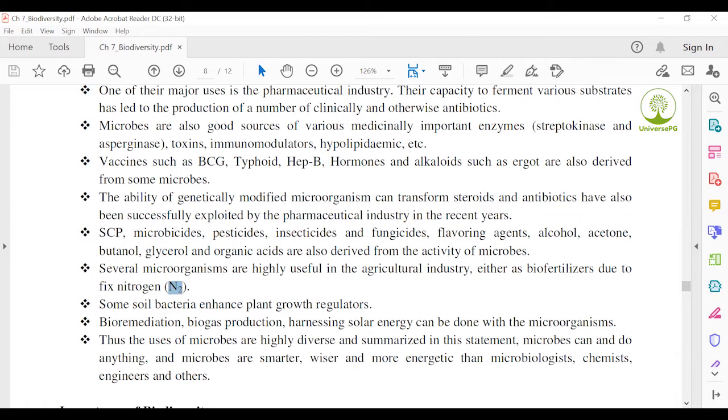This process is called nitrogen fixation. You know, different types of leguminous plants such as pulse plants. Pulse plant is called leguminous plant, such as sola, khesari, mosur, motor.